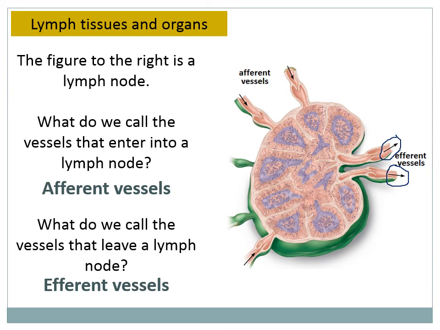If you can remember afferent arrive and efferent exit, hopefully that helps you remember which ones are coming and which ones are going. Afferent and efferent are very consistent throughout your body. So if you can remember it now, it'll help you later on with other vessels that are going to and from organs.